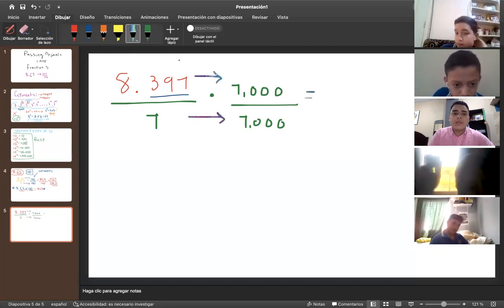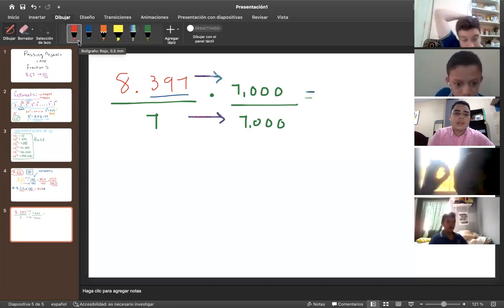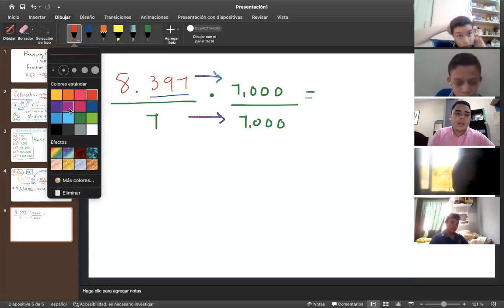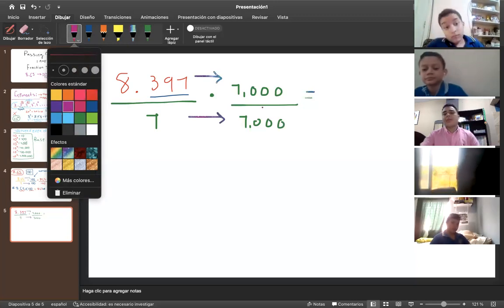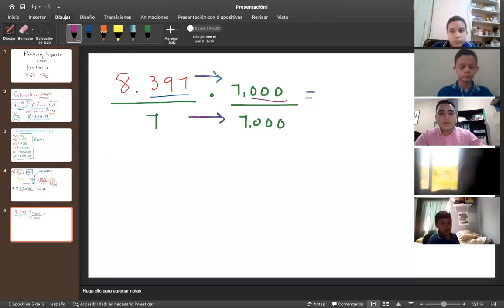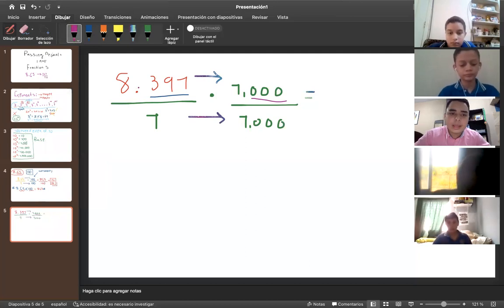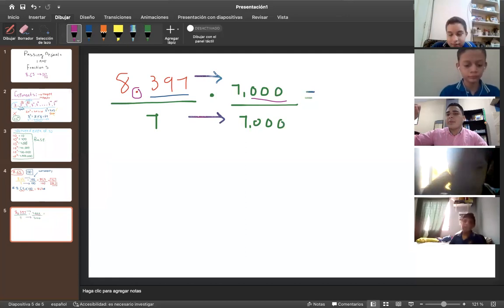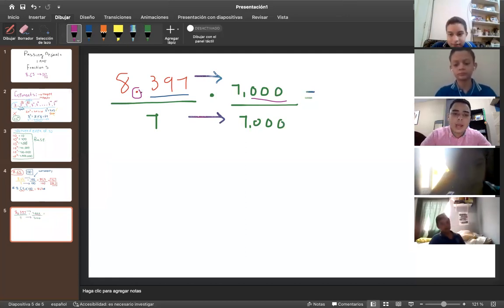So if we want to multiply 8.391 by 1000, remember how many zeros 1000 has? 3. So you're going to take our decimal point and move 3 steps: 1, 2, and 3.